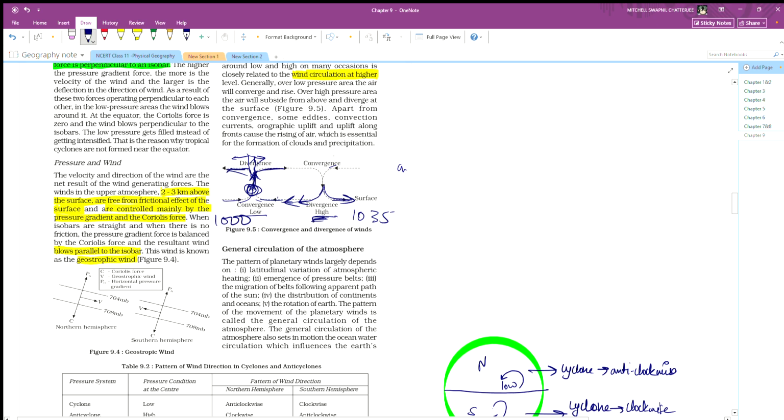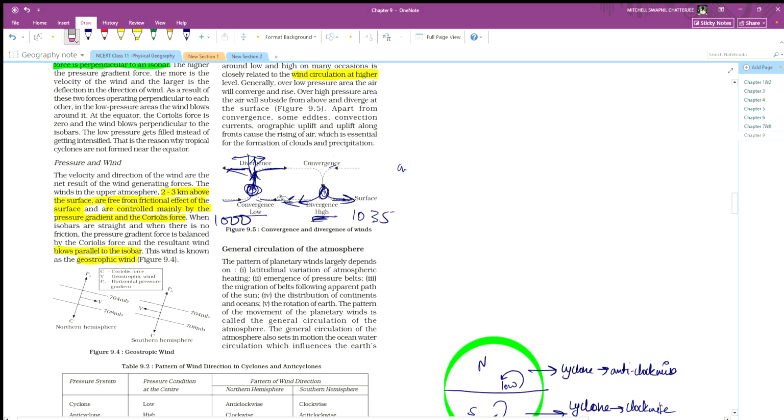So basically at a higher pressure area, at the surface level, the air splits, that is divergence, and at the same higher pressure area at some altitude it converges. So it combines at altitude, and it diverges at the surface.